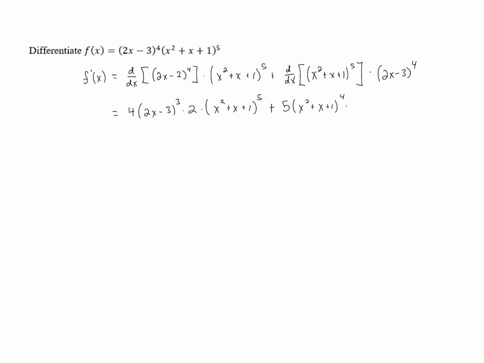The derivative of x squared plus x plus 1 is 2x plus 1. That's what we get when we use the chain rule. And then we also have times (2x minus 3) to the fourth power. Oh boy, there is a lot going on here. And we don't want to leave it like this. This is kind of clunky.